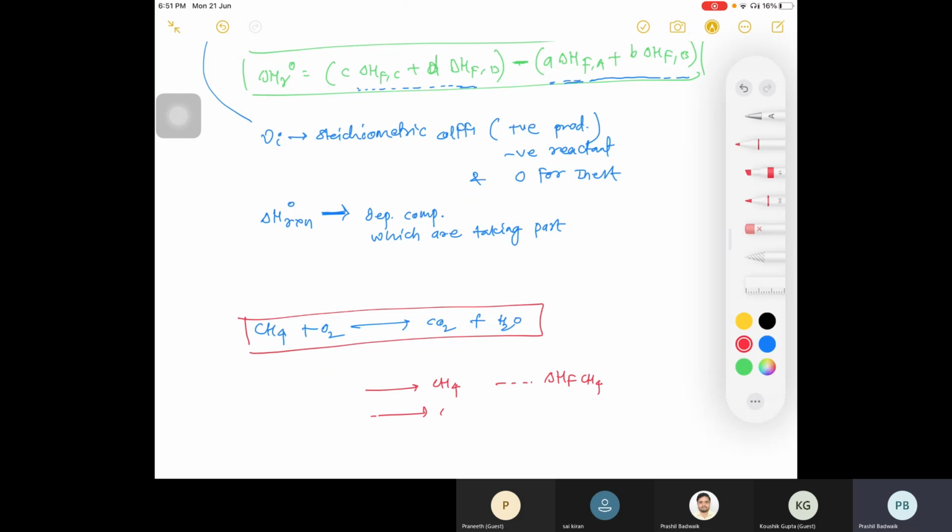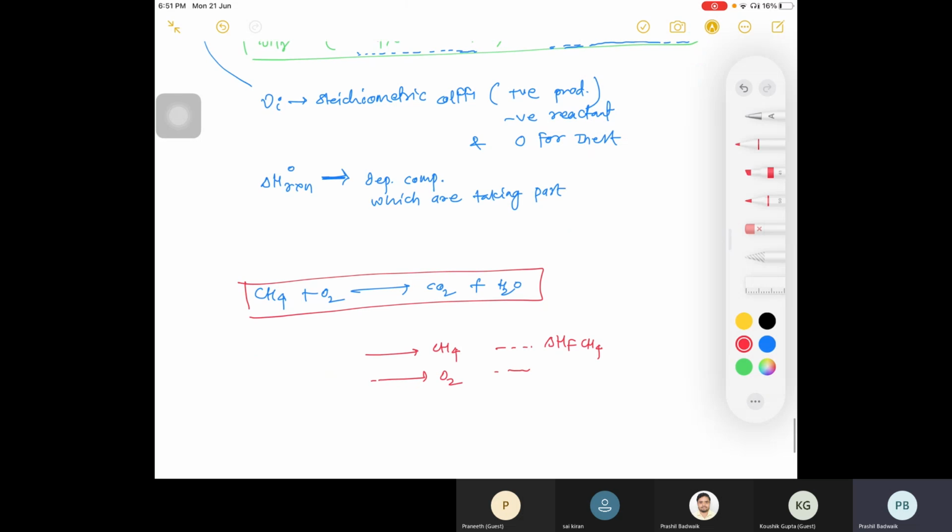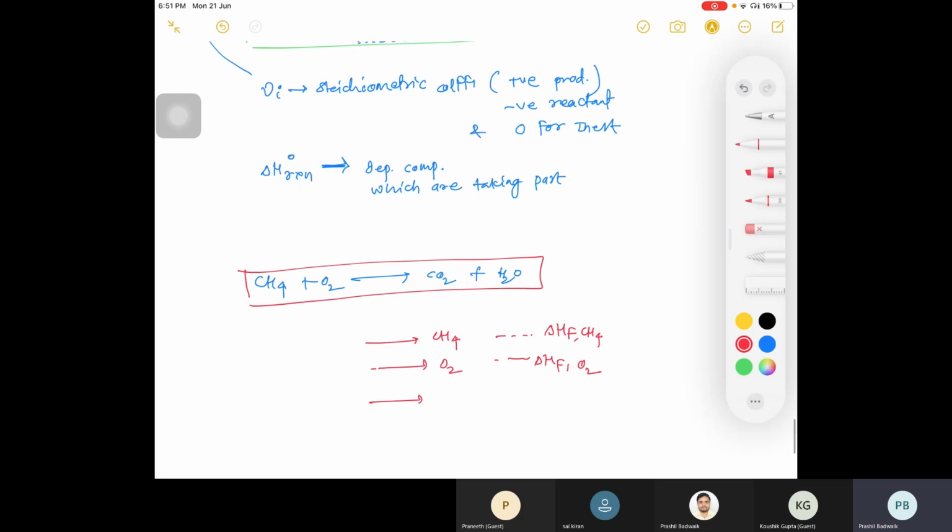Second is the enthalpy of formation of oxygen. It is 0, but I'm telling you it is the enthalpy of formation of that compound. Then you will form CO2, and you will form H2O from its constituent elements, right? Enthalpy of formation, right? Am I correct? I have written all of them. This is the enthalpy of formation of all these compounds.